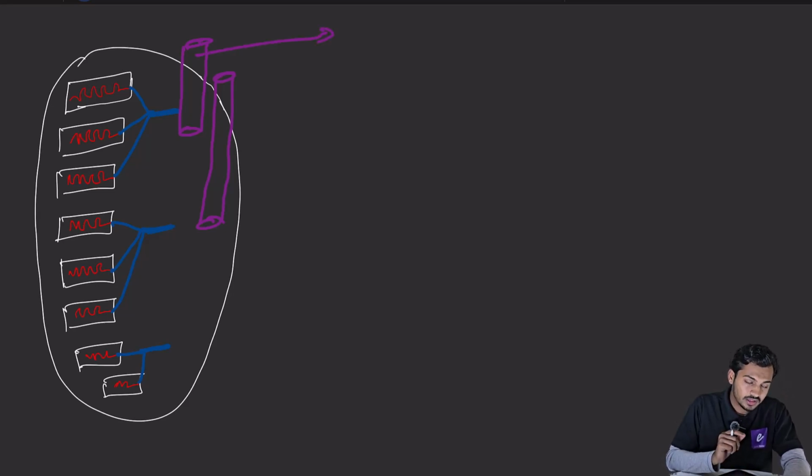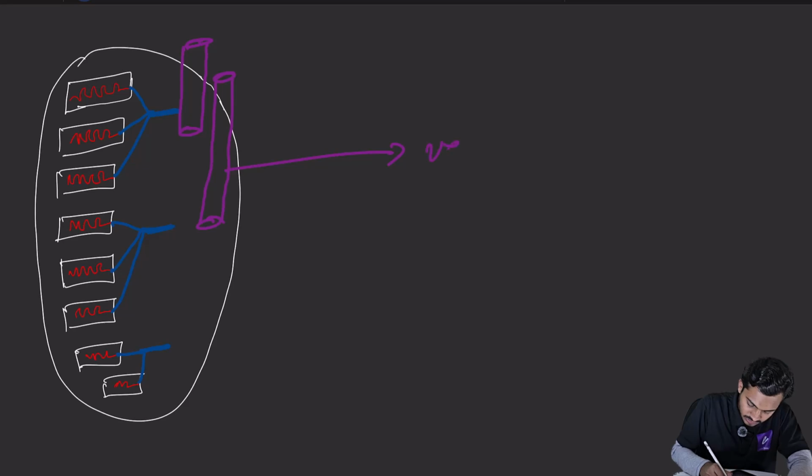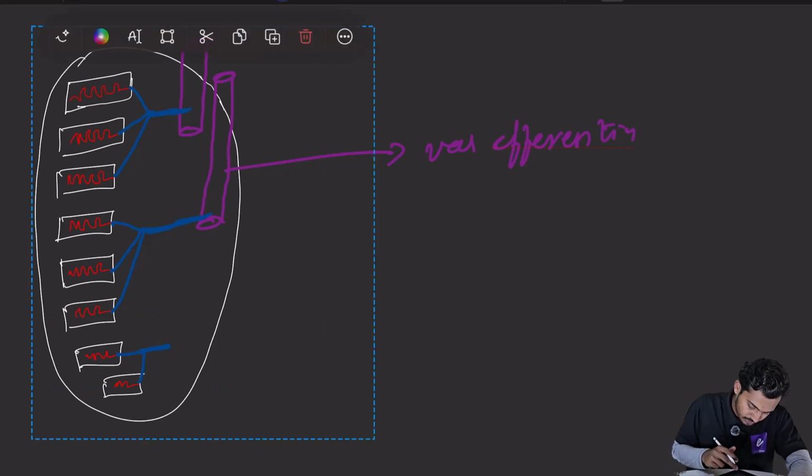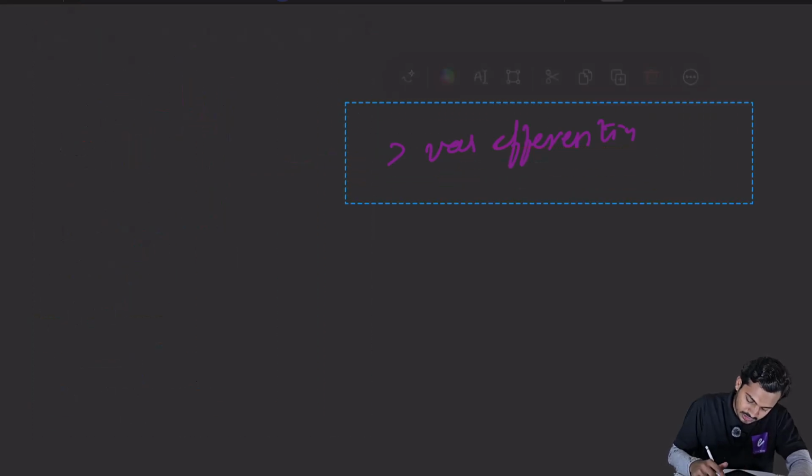These purple tubes, they are coming out of the testis, and these purple tubes are called as vas efferentia. Understood? What happens? The rete testis will open into vas efferentia like this. Okay, if you don't understand this diagram, let me draw a new diagram so that you people can understand.